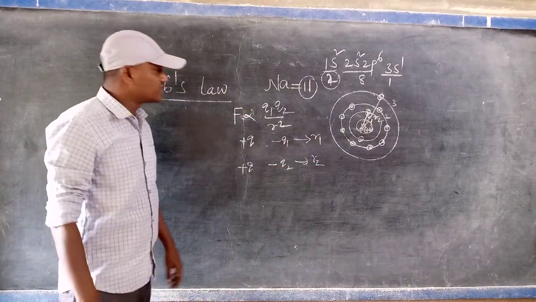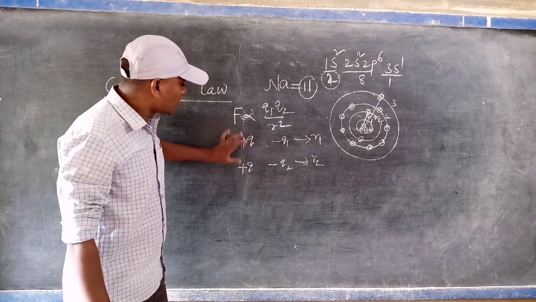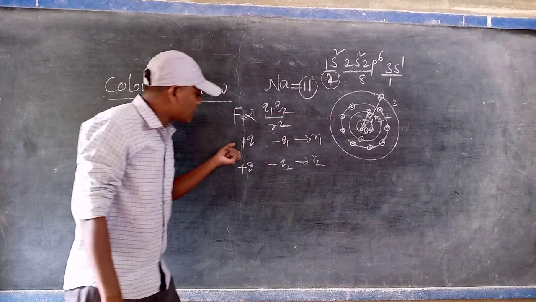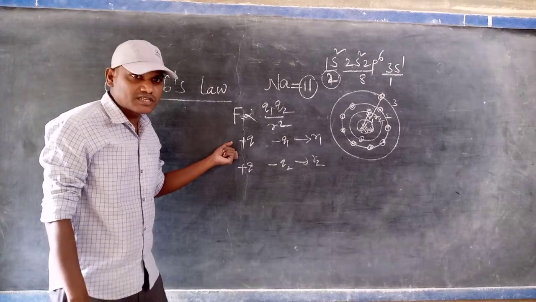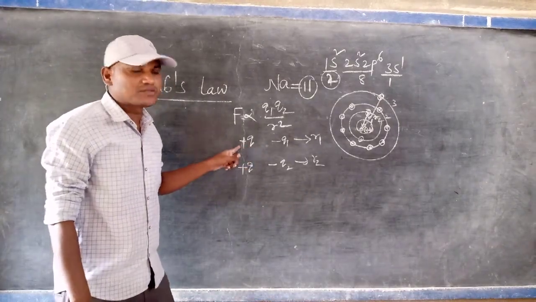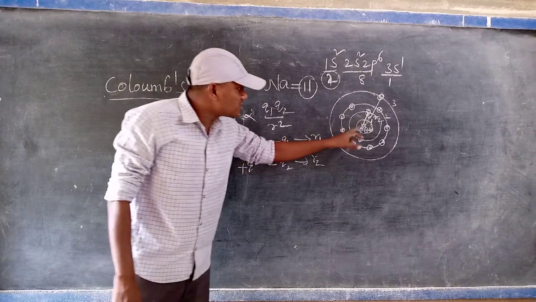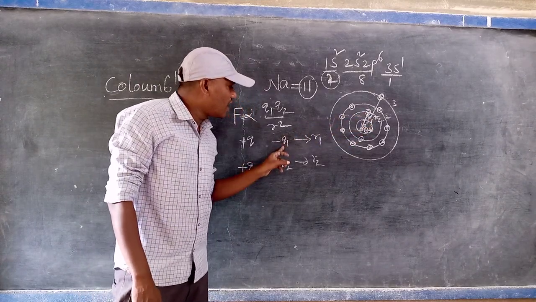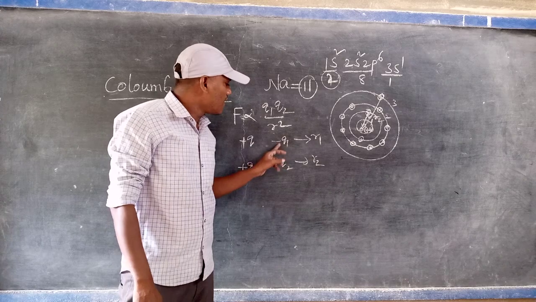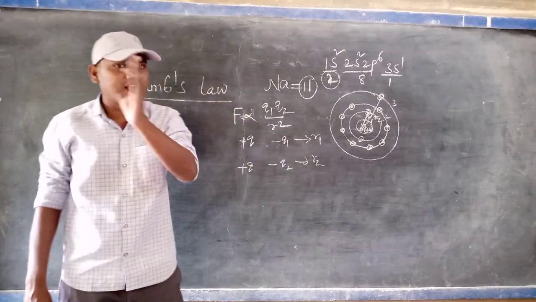So the charge present in the nucleus is positive, that's why Q. The electron present in the first orbit is minus Q1; minus represents the electron.